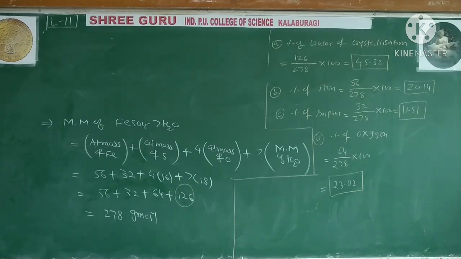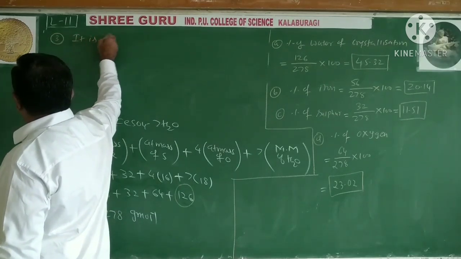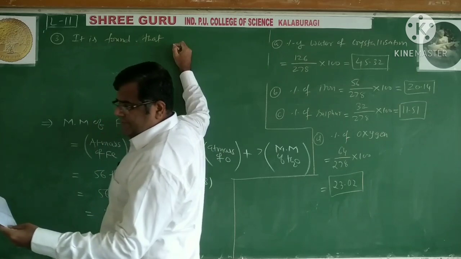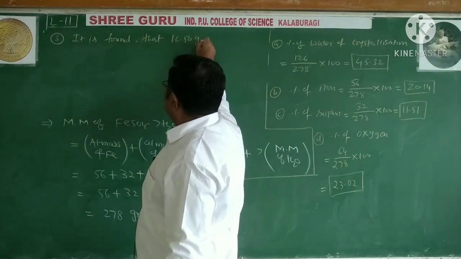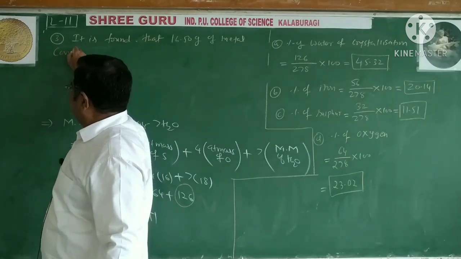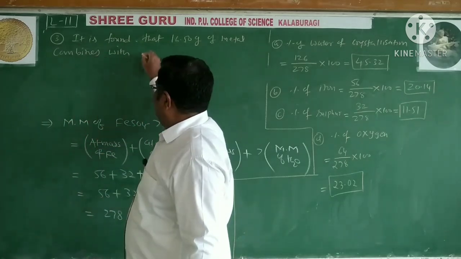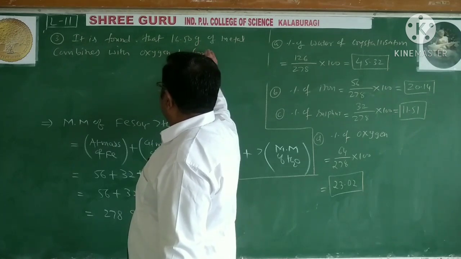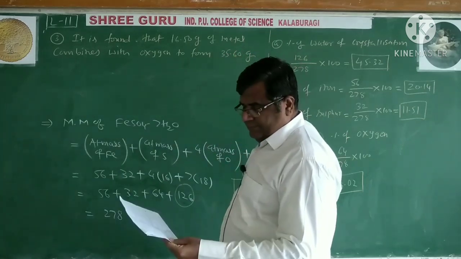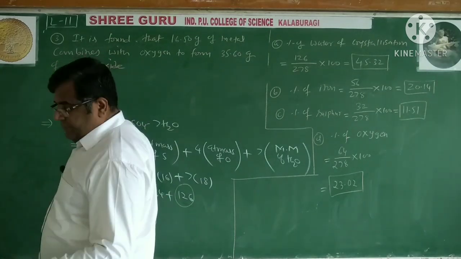See the next one, question number 3. It is found that 16.50 gram of metal combines with oxygen to form 35.60 gram of metal oxide.